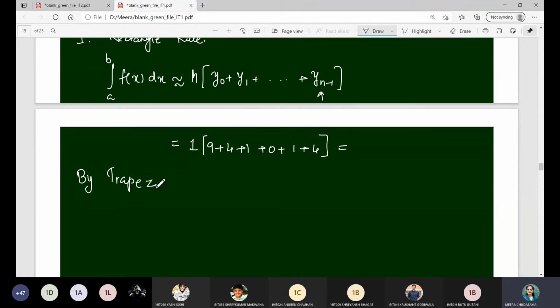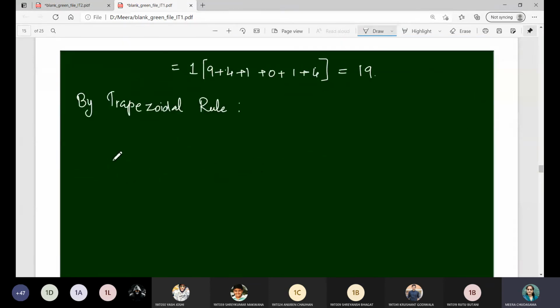What it will be? 18 or 19? 19 it will be. 10, 14, 14 plus 4 18 plus 1 19.